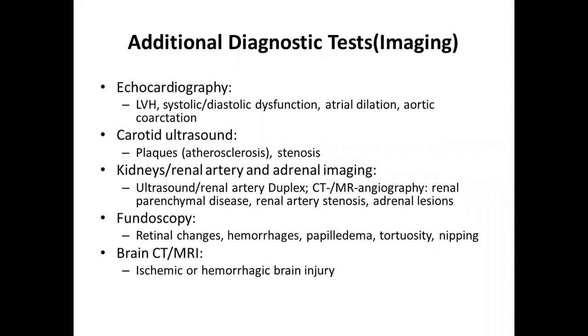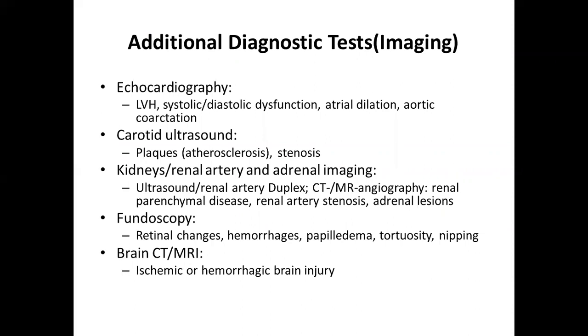You can also do kidney or renal artery imaging and Doppler studies to look for renal artery stenosis or the presence of fibromuscular dysplasia, or you can do adrenal imaging if you are suspecting adrenal lesions or pheochromocytoma.